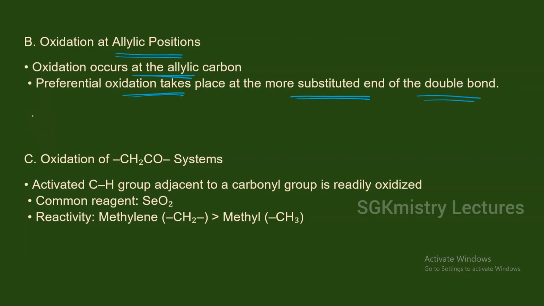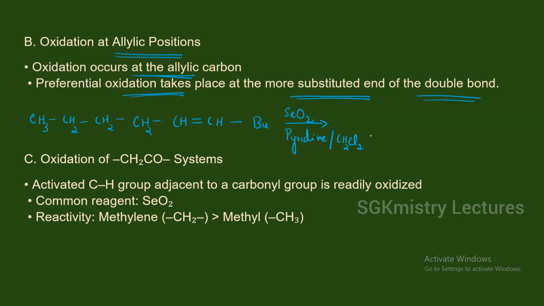So let us take one example. CH2, CH2, CH, double bond CH. Here I'm going to take the butyl. So here I'm going to take SeO2 as the oxidizing agent in the presence of pyridine and dichloromethane.